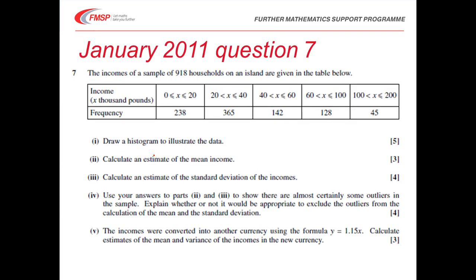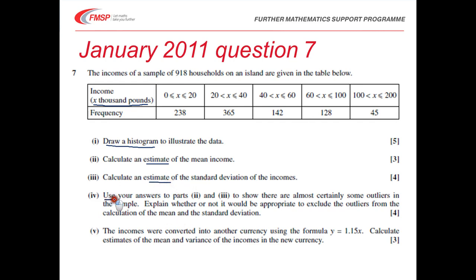Okay, and to finish off, we've got a question on histograms and standard deviation. So we've got incomes, income in thousands of pounds with frequencies. We've got to draw a histogram. We've got to calculate an estimate of the mean, because it's grouped data, so we can't do anything else, and then an estimate of the standard deviation.